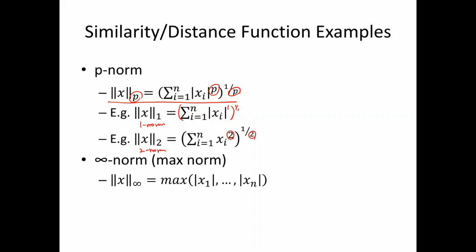And how do we use this to quantify the similarity of 2 examples? Well, first of all, this x is an n-dimensional vector. And we set x as the difference between the 2 examples that we're considering. Then 1 norm becomes the summation of the absolute value of vi minus wi, which you already know as the Manhattan distance.